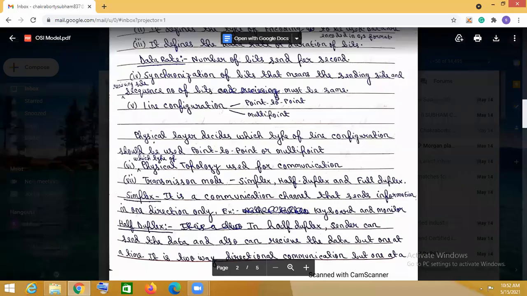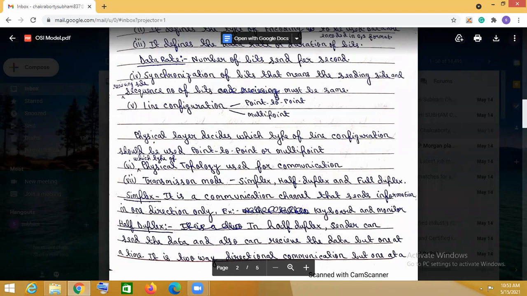Sender sends the data to the receiver, and receiver also sends the data to the sender. Both way communication is possible, but not at the same time. So it is called half duplex, which is bidirectional, that means two-way communication.